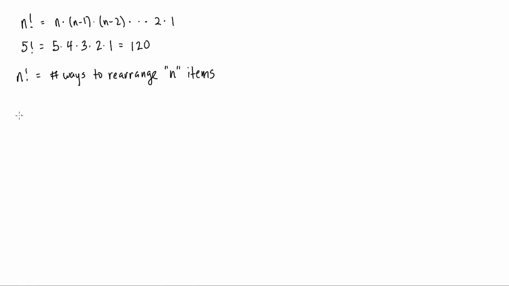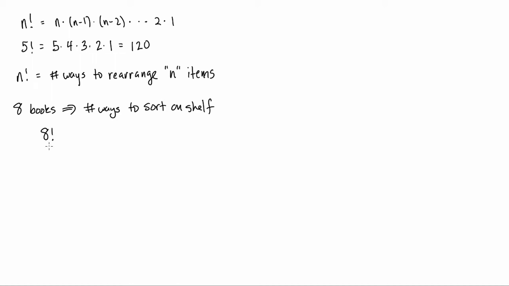So for example, let's suppose that I had 8 books and I wanted to know how many ways to sort them on a shelf. So you've got 8 books, let's say in the library, and you want to line them up in a row on a shelf. How many ways are there to do that? Well, the simple answer to that is that there are 8 factorial ways.